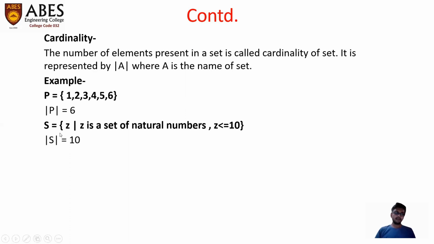Another example is S equal to {z | z ∈ N, z ≤ 10}. Z is a natural number, and the condition says that z is less than or equal to 10. Here the elements are not written directly inside the set S. Instead, a property is given: z is an element that belongs to the set S, and it is a natural number ranging from 1 to 10, because natural numbers start from 1.